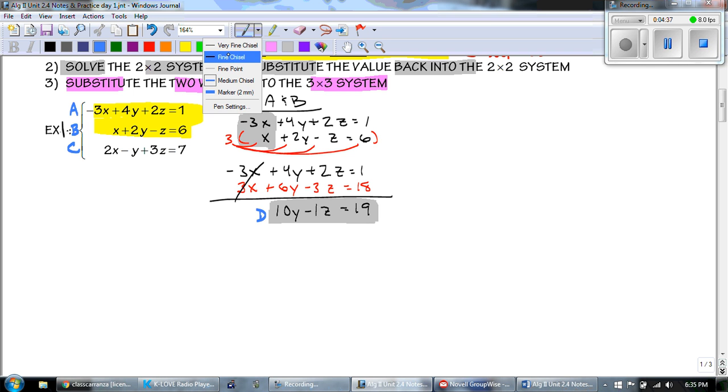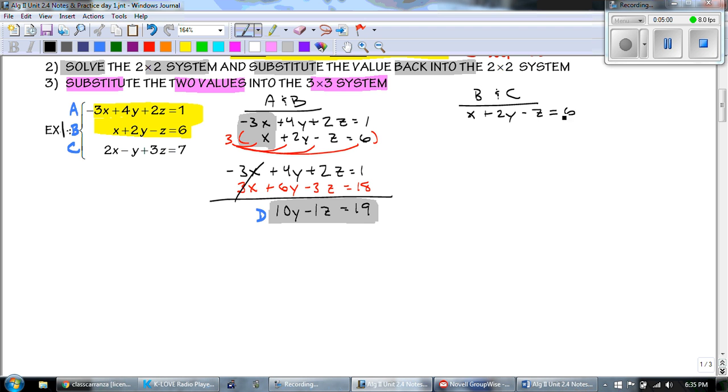Okay, so I did A and B. Now I'm going to cancel B and C. All right, so with B and C, the first thing that we're going to do is I'm going to write everything down again. So I have x plus 2y minus z equals 6.